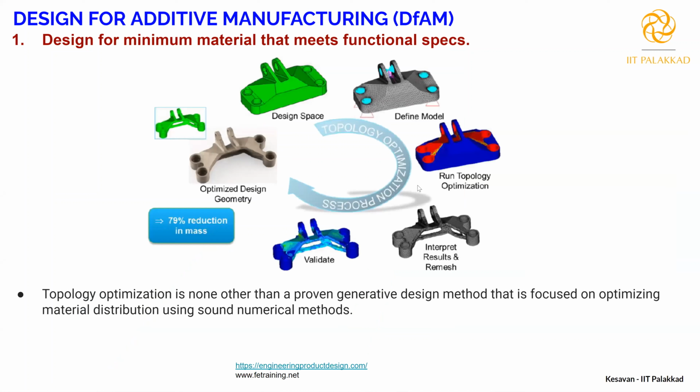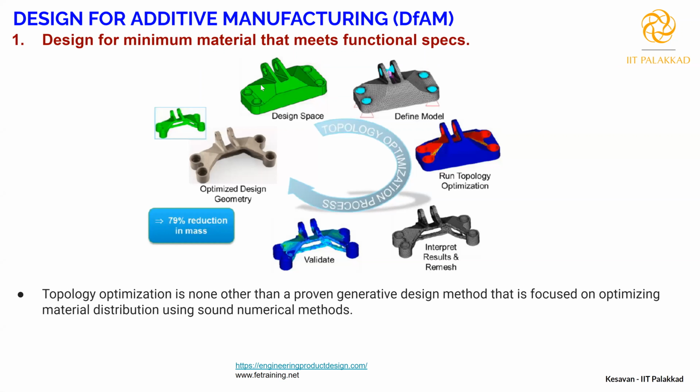I'll give some examples where this was implemented in additive manufacturing. This is one bracket, and this is how it is conventionally manufactured. It is a heavy component. If you apply this design principle in additive manufacturing, you follow the same steps.